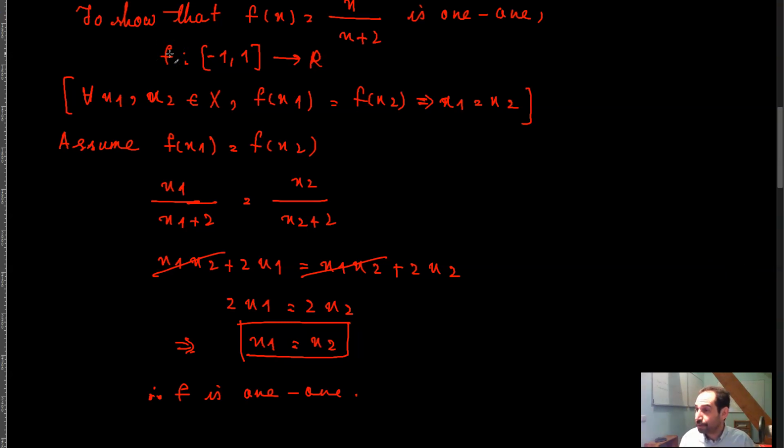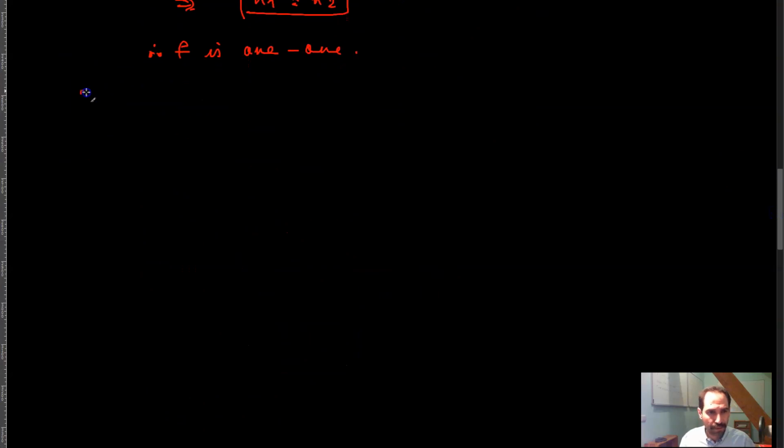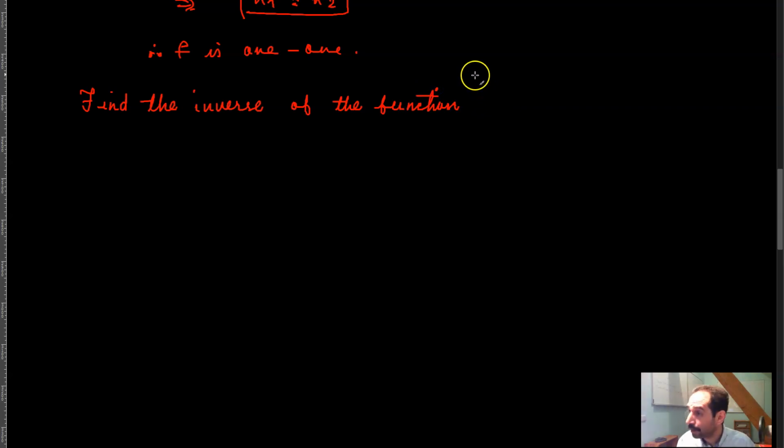Okay, so the next part of this question, you want to find the inverse of the function f from -1 to 1 to the range of f, and you know that f of x is equal to x over x plus 2.